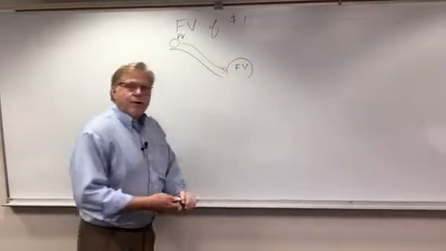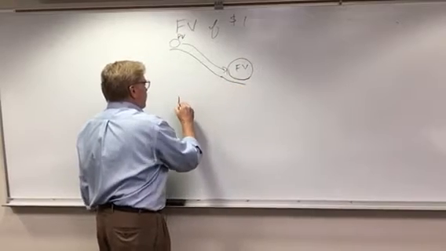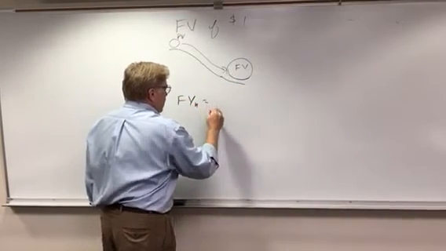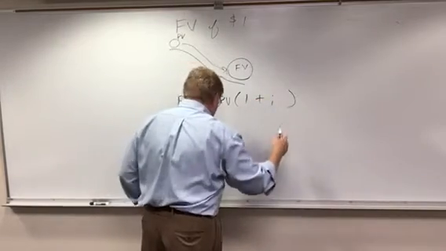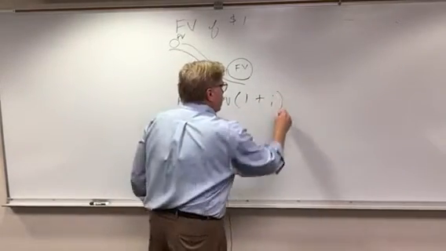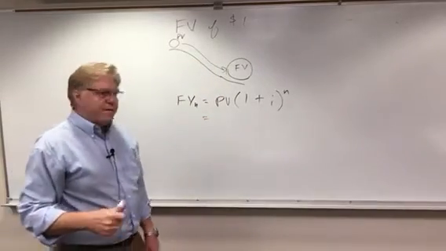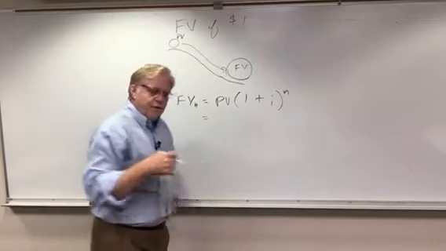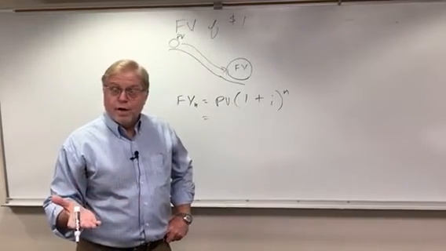Well, let's go back to our original formula, the future value of $1. The future value at the end of n periods is determined by applying this formula here. And so we saw that if i is equal to 10% and n is equal to 5, we got 16,105.10.